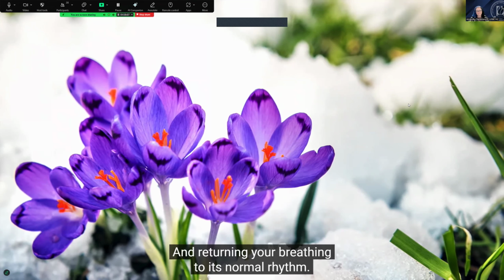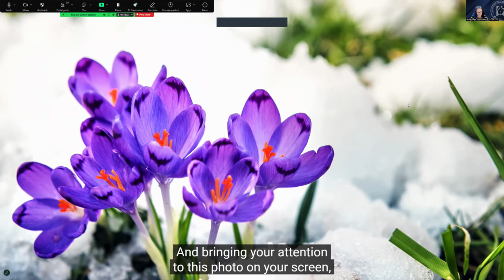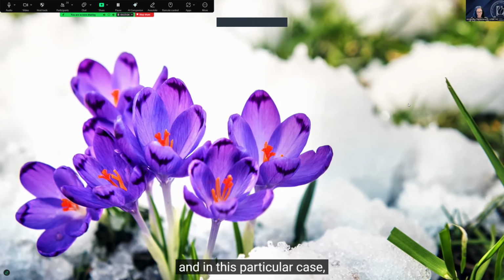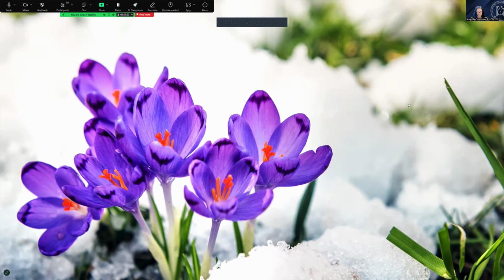And returning your breathing to its normal rhythm and bringing your attention to this photo on your screen. We can use a variety of anchors to the present moment, and in this particular case, we're going to use the sense of sight as our anchor to the present.